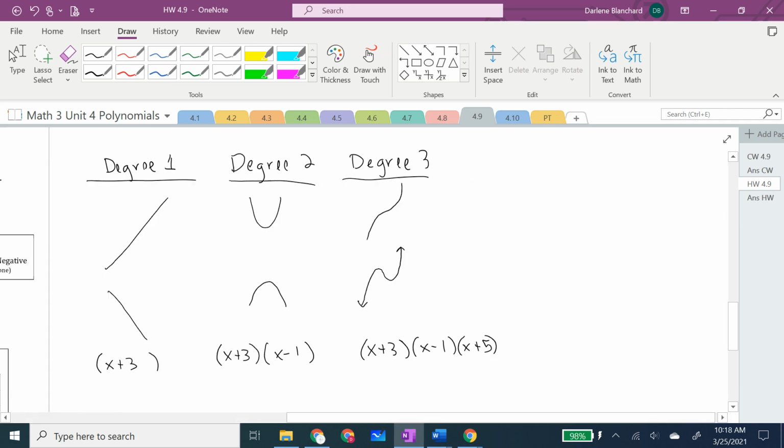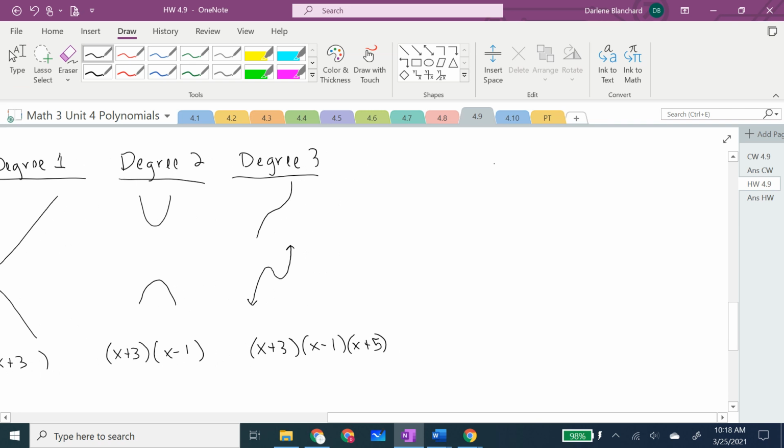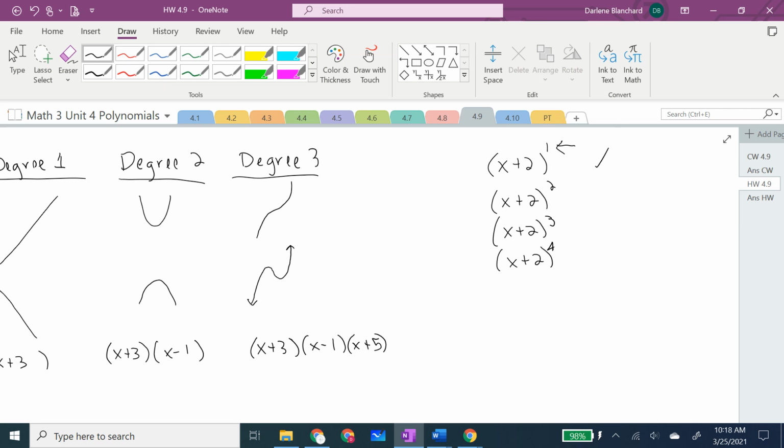And it may help if you look at, when we look at our multiplicities, when a 0 has a multiplicity 1, it slices through the x-axis. Multiplicity 2, it bounces. Multiplicity 3, it wigglies.